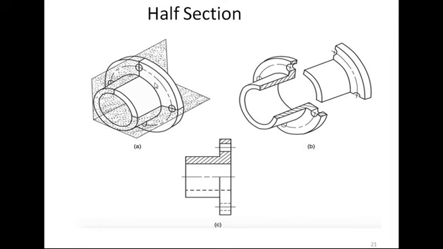We have taken this cutting plane, and we have removed this quarter of the object. Only the half section is shown here, because the object is symmetric, so it does not require hatching again. So only one side we do hatching. We use half section when the object is symmetric.